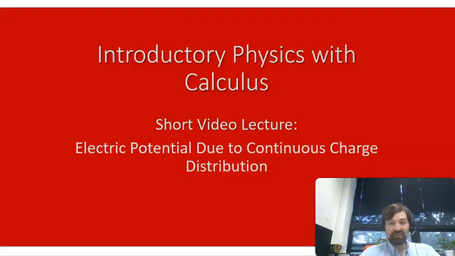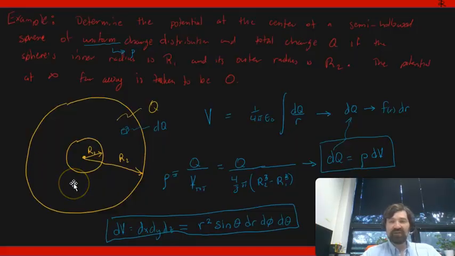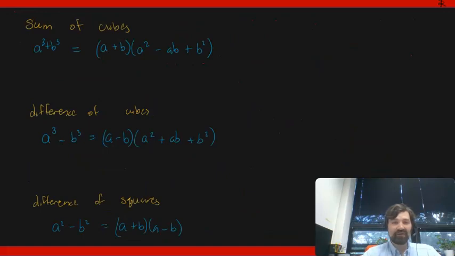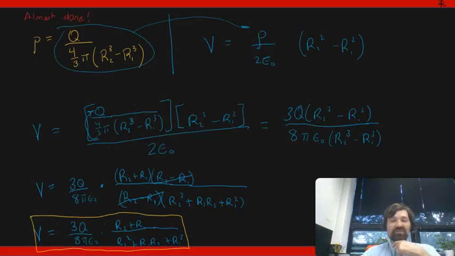So maybe a more interesting question is, what would the electric field be due to, let's say, a sphere of charge, maybe at the center of a partially hollowed sphere, like the example I did in the previous video about our potential due to a point charge.